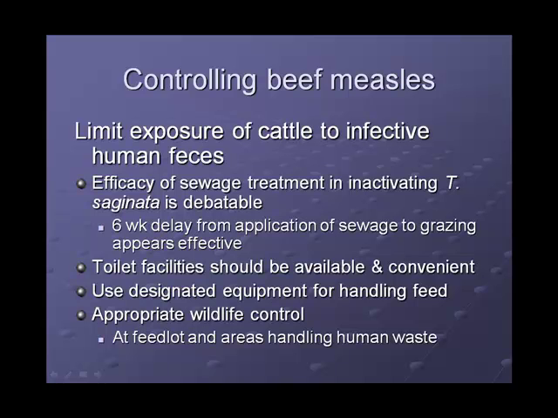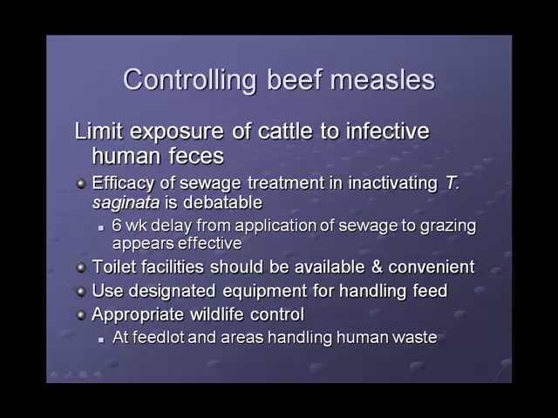From a quality control standpoint, the idea of having designated equipment and trucks and all that sort of thing for animal feed should be a standard practice in and of itself, and beef measles should probably be way down the list of why you should be doing that, but I guess it can be on the list of reasons to say we're going to have a feed truck and a feed mixer and feed loader and these types of things that are not going to handle other products.